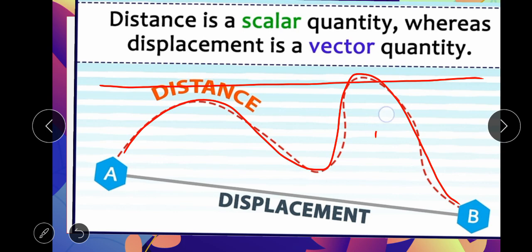If we are talking about a circular object, if a point or an object is moving from a specific point and after a circular round it covers the same point, then the distance will be its circumference, while displacement will be 0.